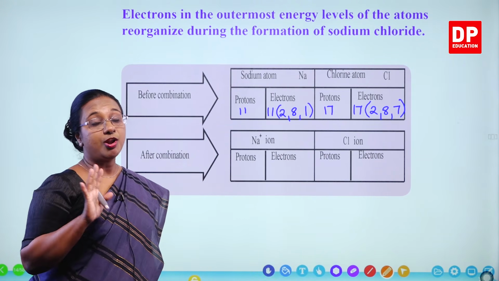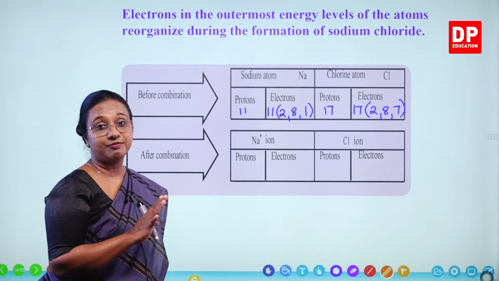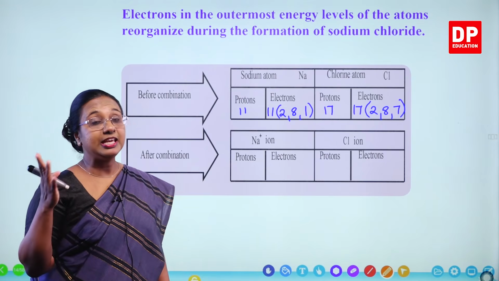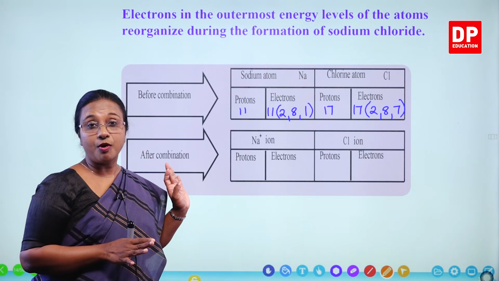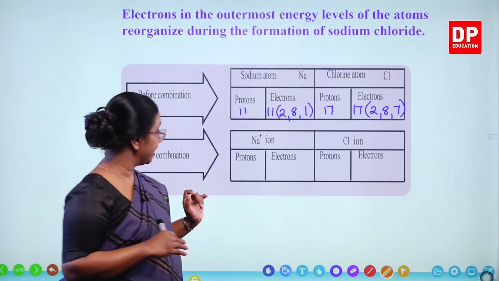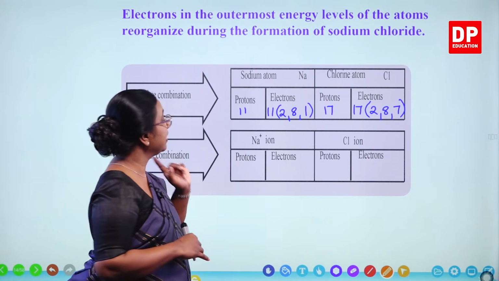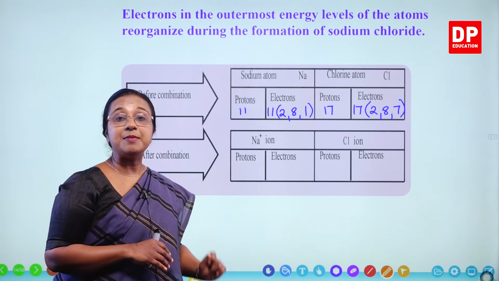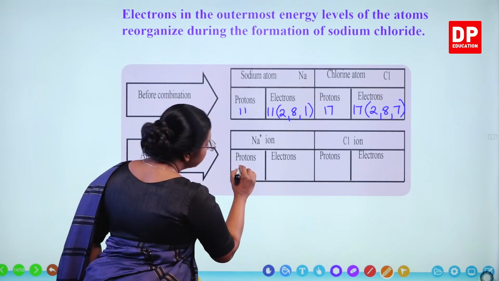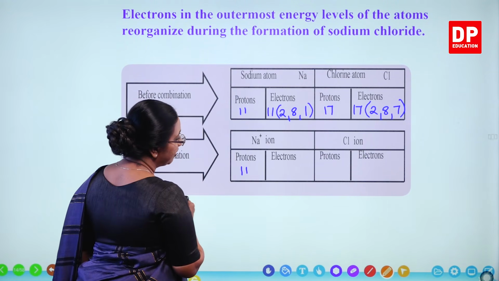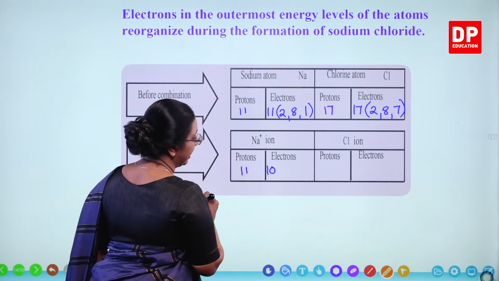Now, I am sure you all also can fill this by yourself without looking. You can think and fill because you have understood how ionic compounds form by the formation of ions. So, after the ion is formed, it becomes Na plus ion, sodium ion. After combination, same number of protons, 11, but only 10 electrons.